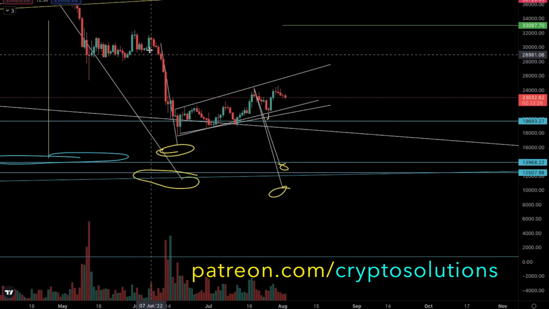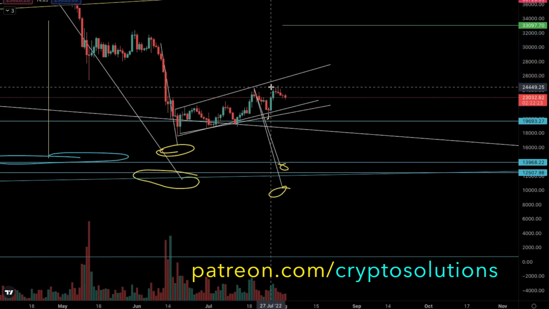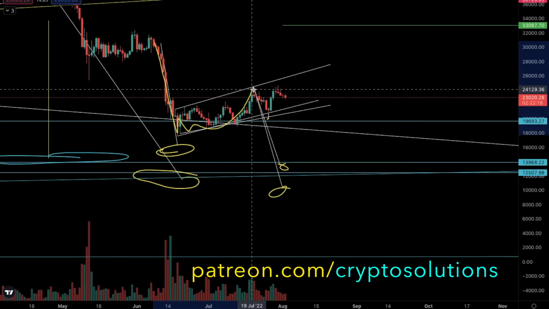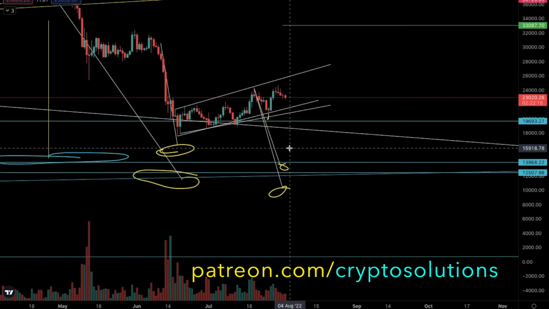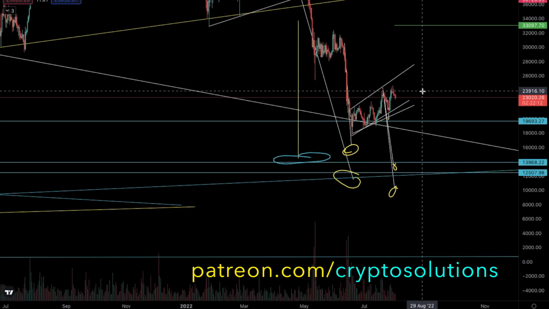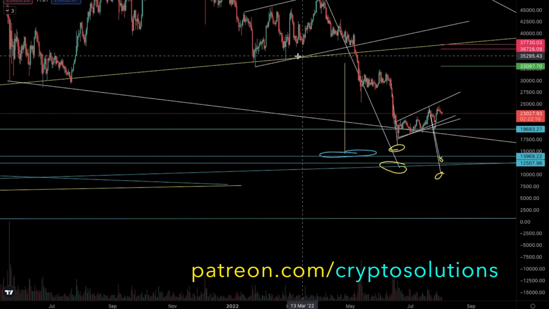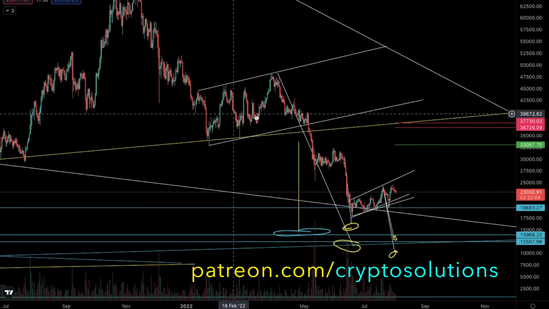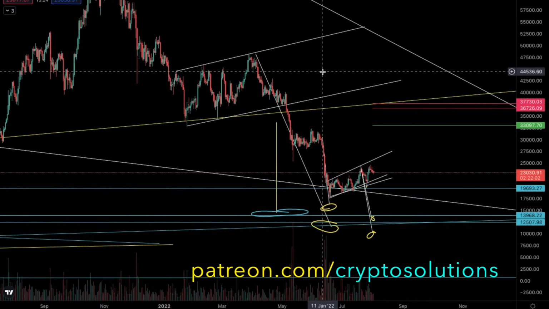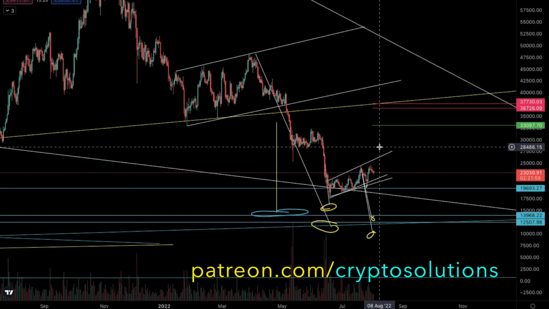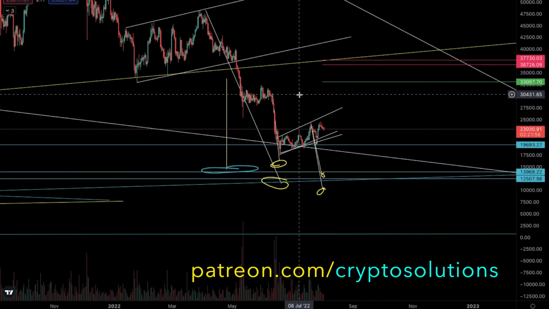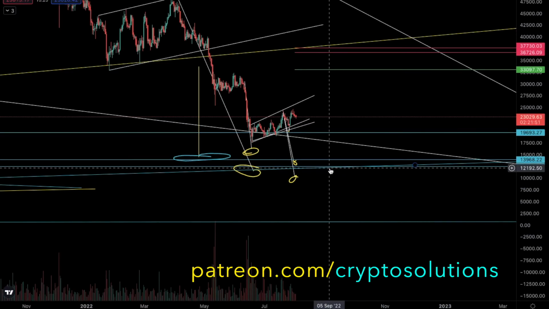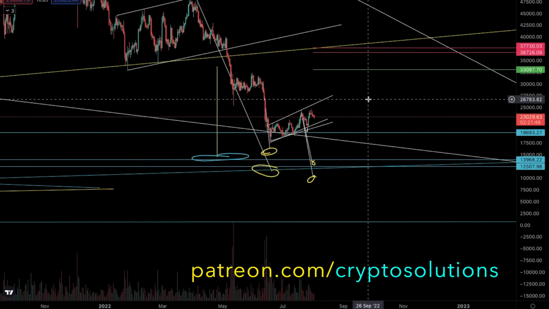Since it doesn't have a big pattern, like for example a weekly time frame, this has more of a chance for the linear scale price target to be met compared to the logarithmic growth scale, because the logarithmic scale I usually use for very big patterns, like for example this one over here, which has a bunch of months in pattern, weekly patterns. So those are the ones I usually do the target based on the logarithmic scale.